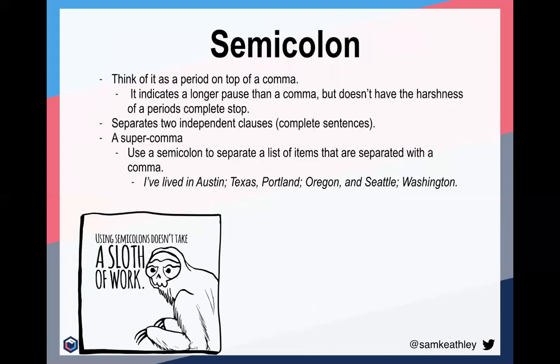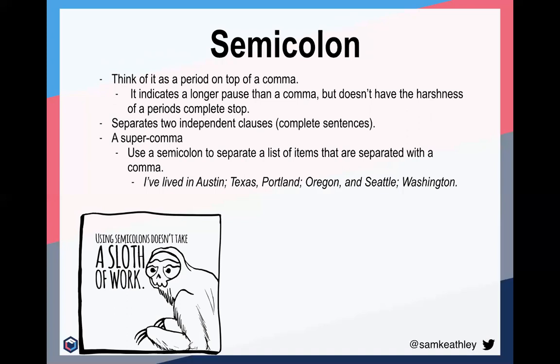The semicolon is another one that I get asked about. And the best way to think about a semicolon is it's a period on top of a comma. So it's a longer pause than a comma would provide, but it's not a dead stop like a period. So just think of it like, if I want a pretty decent sized pause here, but I don't want to separate the thoughts completely, use a semicolon.